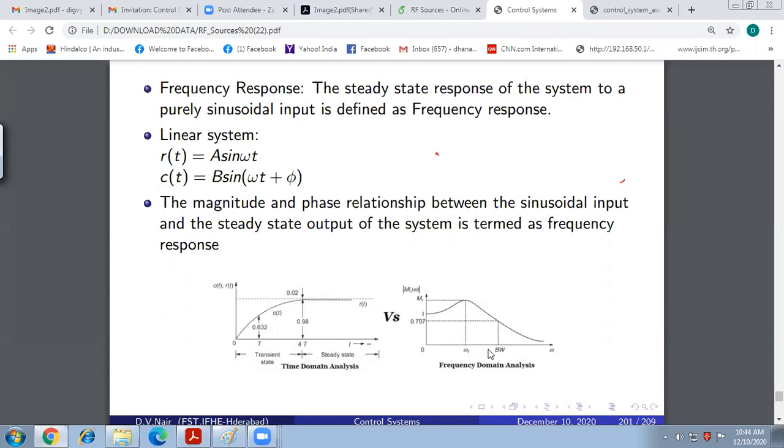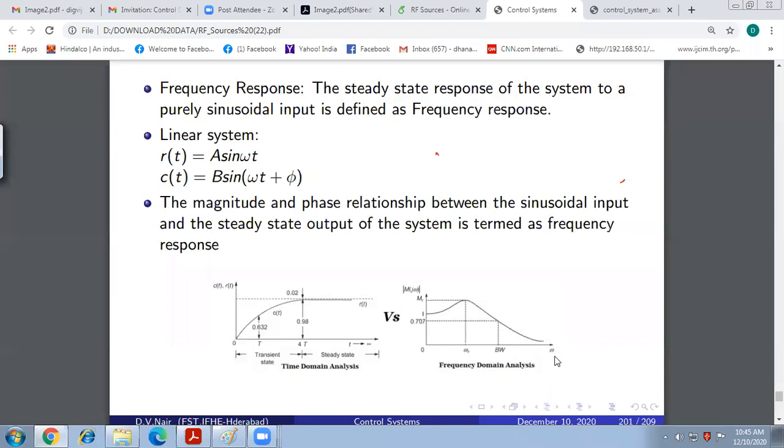Here on the right hand side I have one sketch, the y-axis of which is called M. M is nothing but the magnitude of the characteristic function of the system.